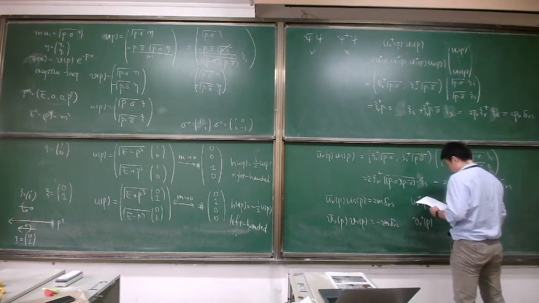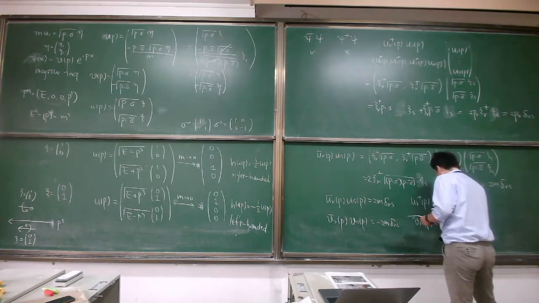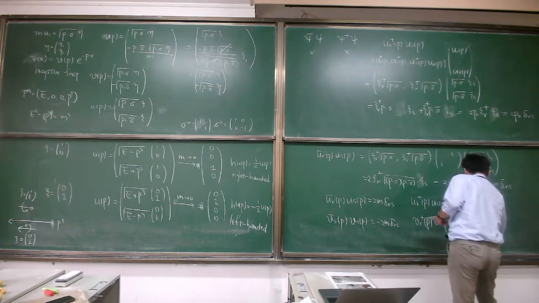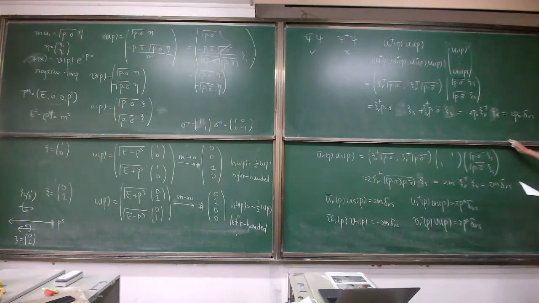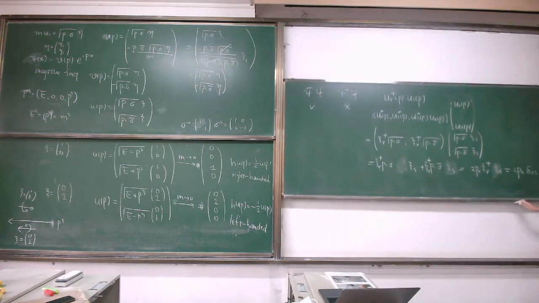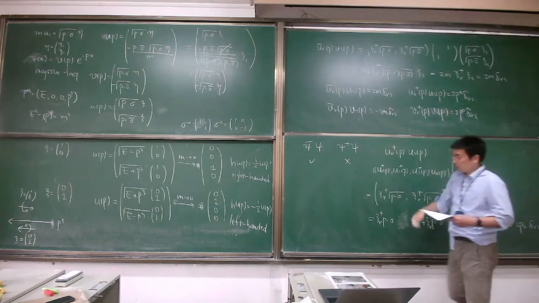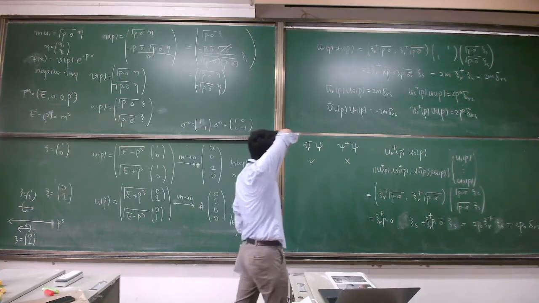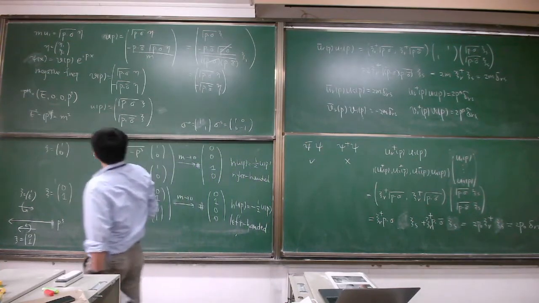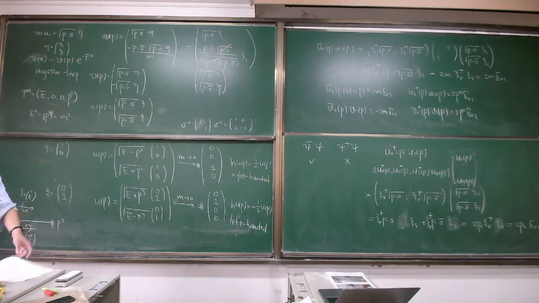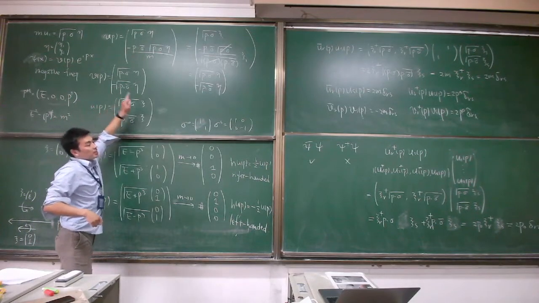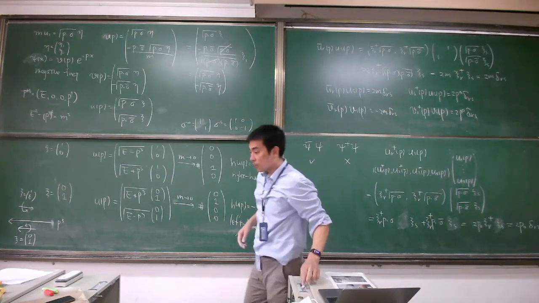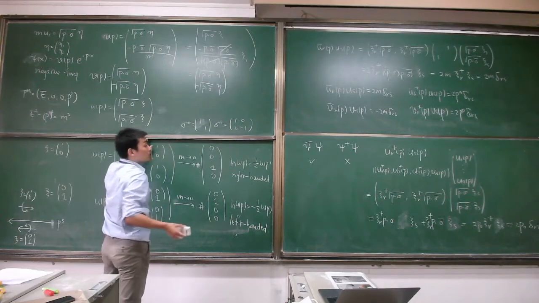Same calculation, and then what you get is this one. Okay, so that's what you get. You can do the same calculation for the B component. For B, there is a minus sign here, and that minus sign will give you this minus sign here. Anyway, you can check that by yourself. I'm not going to do that.